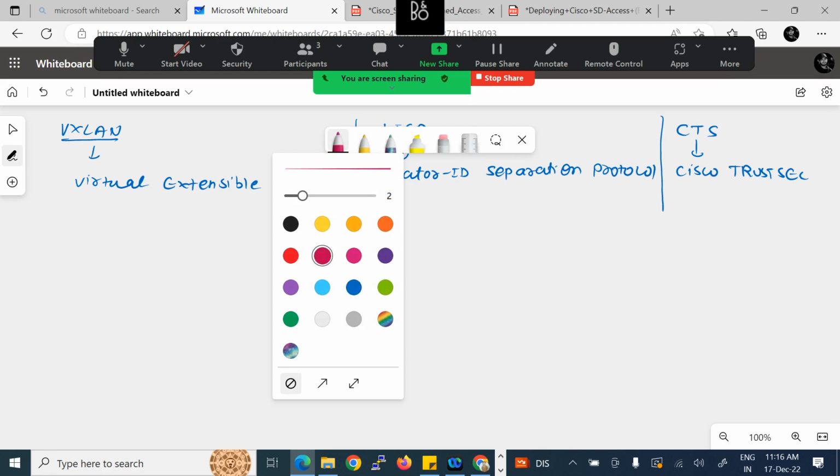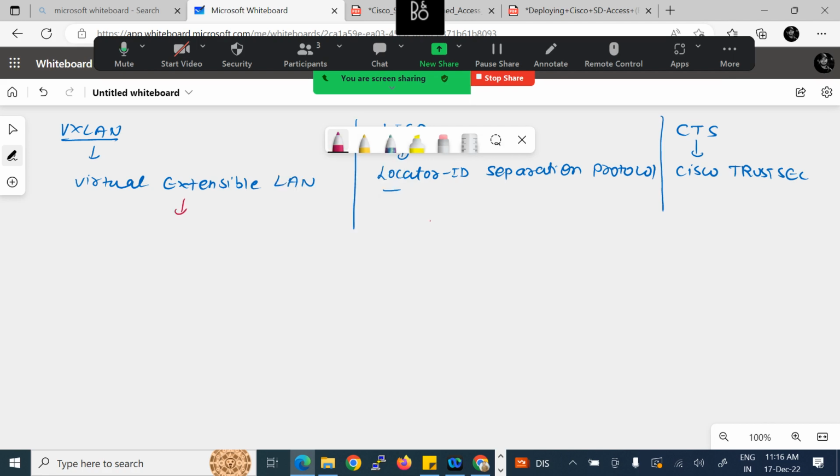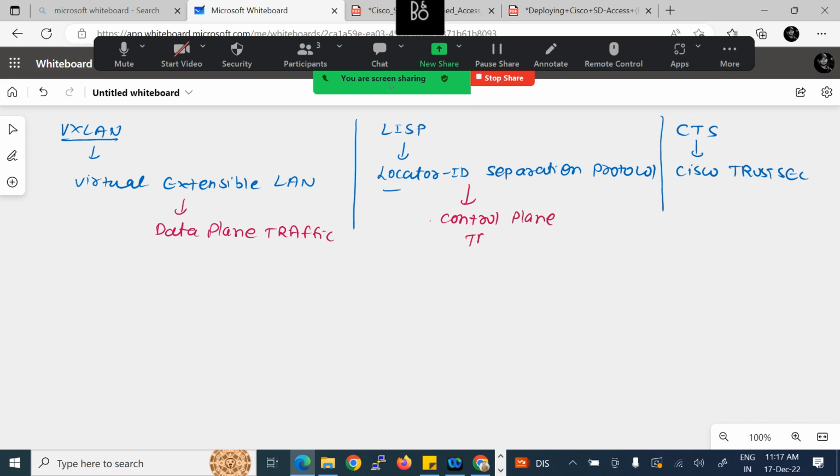Here, virtual extensible LAN will be used for the data plane traffic, for the user traffic. LISP will be used for the control plane traffic, and Cisco TrustSec will be used for the segmentation. Okay.